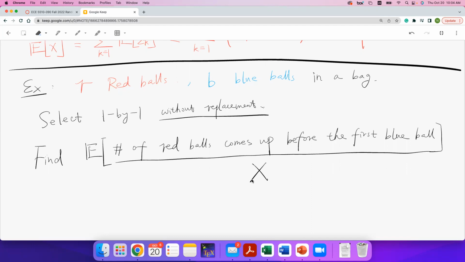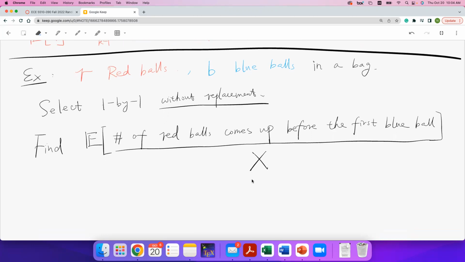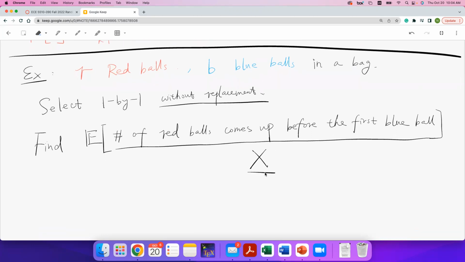But it is random because before you draw the first blue ball, you may have already collected a different number of red balls. So this X is a random variable. Now we need to compute the expectation of this random variable.